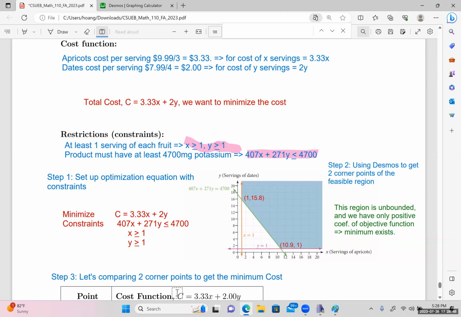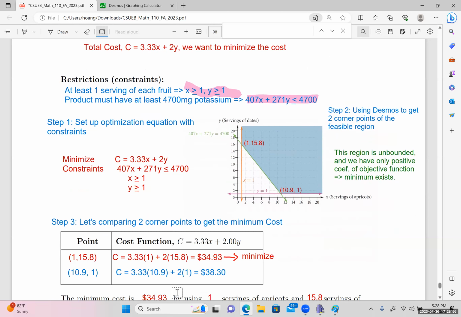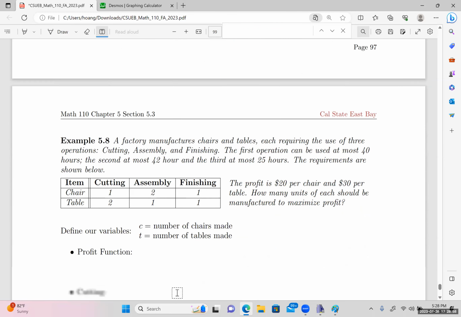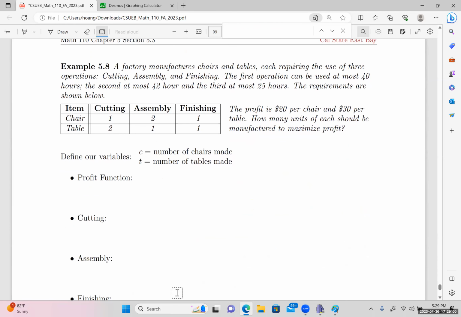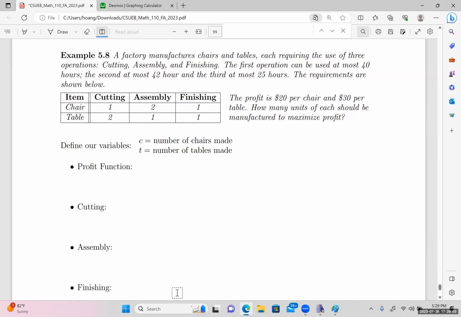So that is a way to do optimization for this section, right? Okay, let's use those 3 steps to handle the next examples.